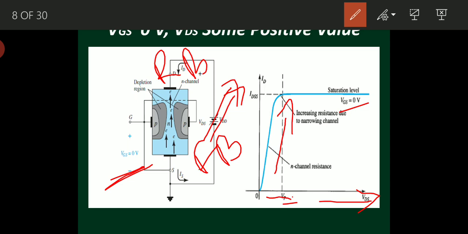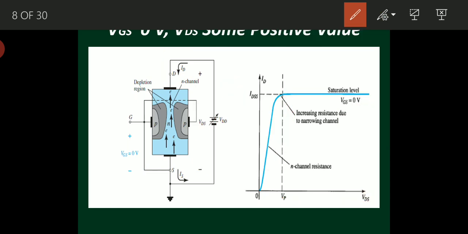I am erasing this slide. Now if I increase this VDS much more, what will happen? Reverse bias at this junction will increase, so the pinch off condition will occur. It means these two depletion regions would want to touch each other, but they won't touch.